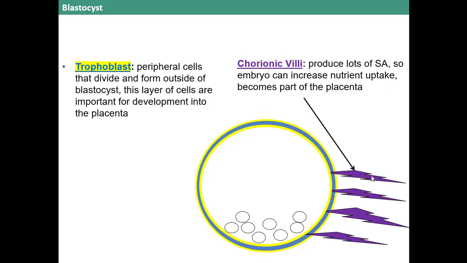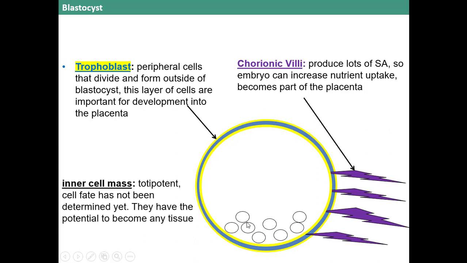There's also the trophoblast cells. Now these cells are the cells of the periphery of the blastocyst. And these trophoblast cells are important because these are also going to be part of the placenta. The most important cells, however, are a cluster of about 20 to 30 cells within this embryo. This hollow ball of cells has these right here referred to as the inner cell mass.